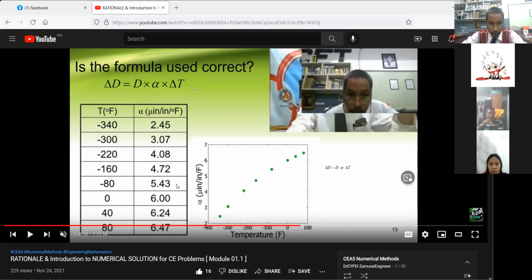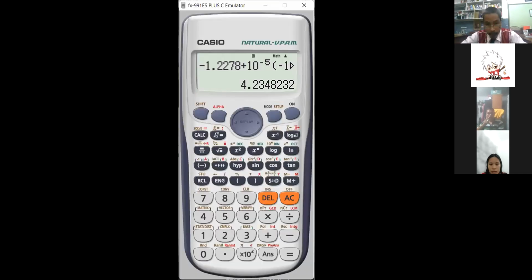But there is something wrong with this table because our computation using the exact equation gives 4.23. And 4.23 is not between 4.72 and 5.43.